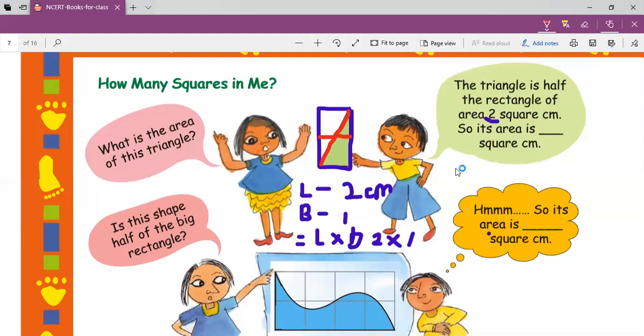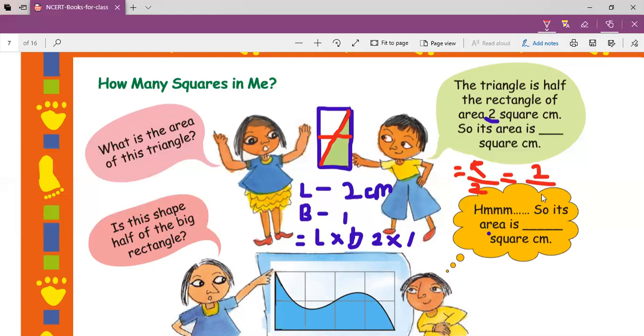So how will we find the area of the triangle? The triangle is half of the rectangle, so the area of the rectangle divided by 2. That's why we are dividing by 2. So area of rectangle is 2 divided by 2.